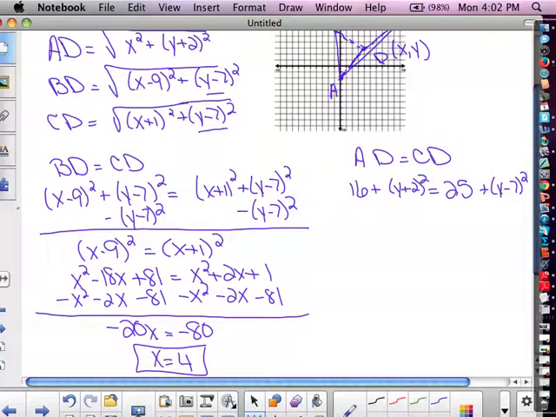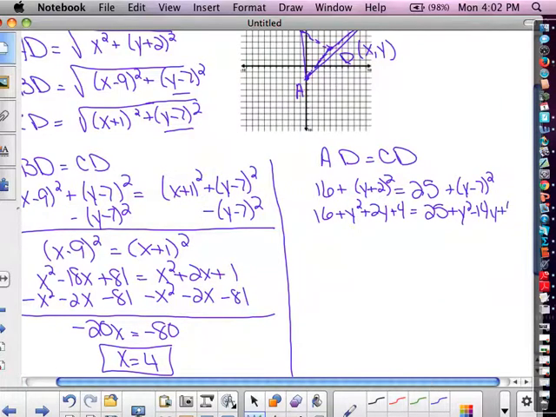Go ahead and FOIL those then. I'm going to put a line there. 16 plus y squared plus 2y plus 4 is equal to 25 plus y squared minus 14y plus 49. Combine like terms, so y squared plus 2y plus 20 equals y squared minus 14y plus 74.